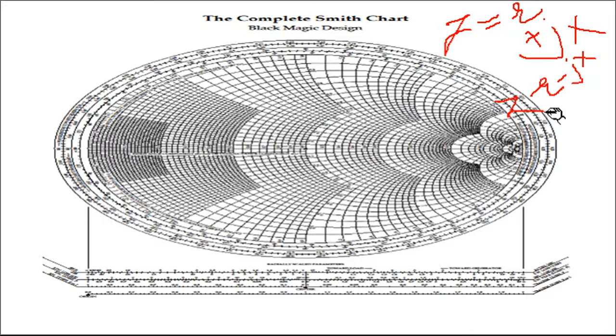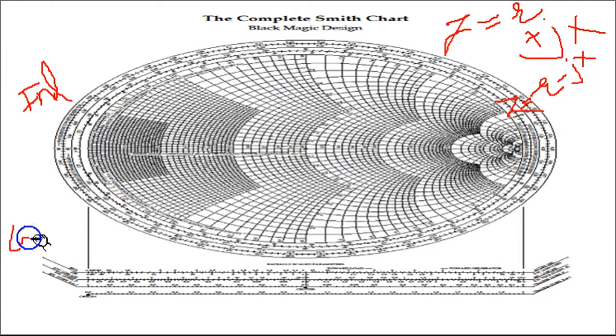First question you can ask yourself: what am I dealing with? Am I dealing with impedances? Am I dealing with admittances? So right now I am dealing with impedances, and here I can see this horizontal separating line which separates the inductive part and the capacitive part. So the upper half is inductive and the lower half is capacitive.